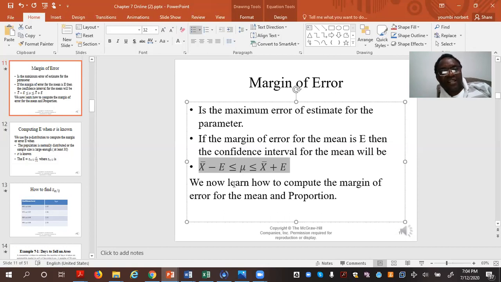Do you get what I've just said here? I think so. If I am wrong by at most 2 years by estimating John's age at 20, then the least he could be is 18, that is 20 minus 2. The highest it could be is 22, that is 20 plus 2. Yeah. That is just the general idea of the margin of error.